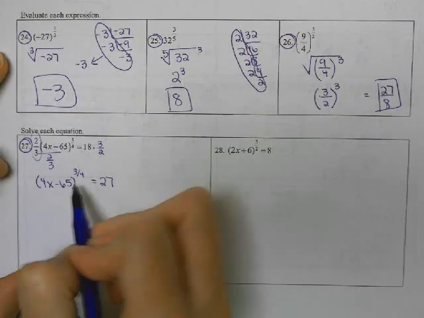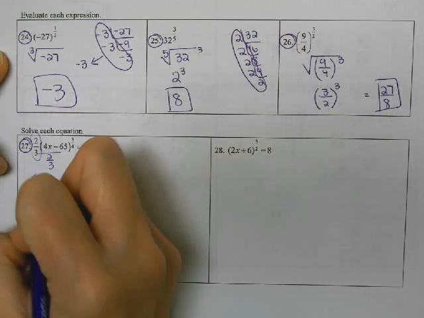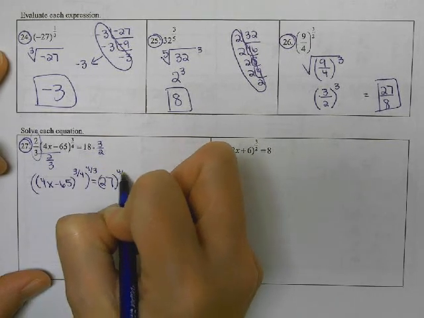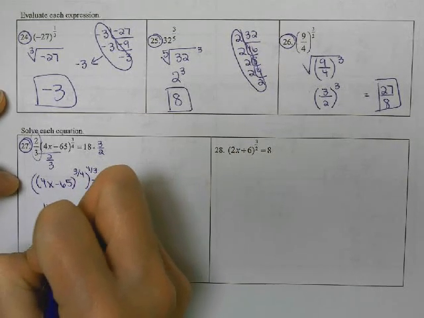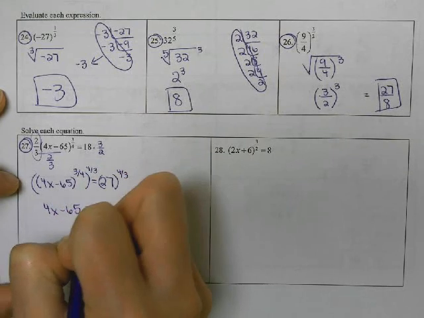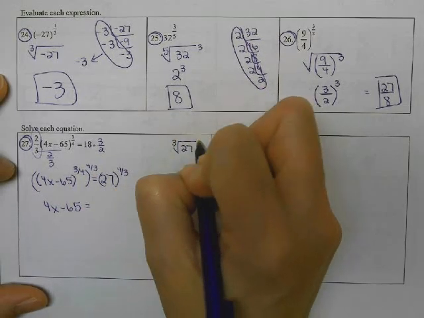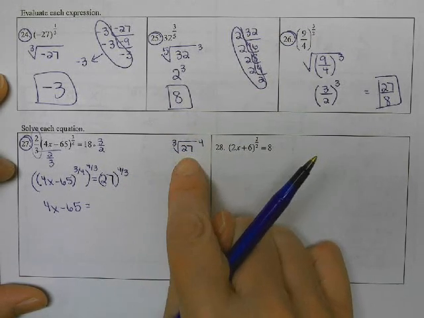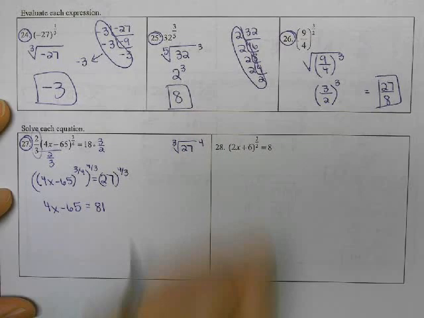Okay? Now that I have the base raised to the fraction power by itself, to get rid of that, I'm going to raise it to the reciprocal. If I do it on that side, I have to do it on the right-hand side. On the left, I'm just going to get the 4x minus 65. Over here, I'm taking the cube root of 27 to the 4th. So the cube root of 27 is 3, and then 3 to the 4th is going to give me 81.